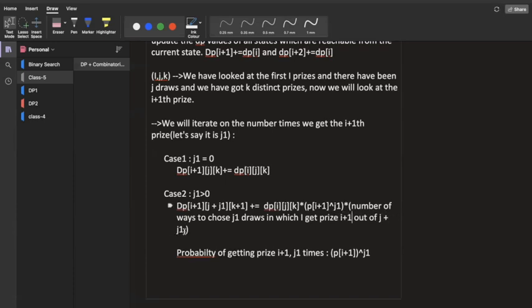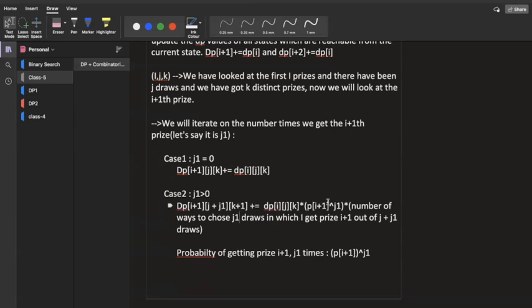I have taken into consideration all the combinations of the prizes of the first I kinds in dp of ijk, but I haven't taken into consideration all the combinations of the prizes of type I plus 1, right? So out of the j plus j1 draws, I have to randomly pick j1 positions in which I will get the prize of type I plus 1.